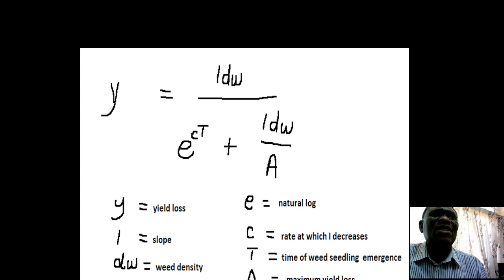So it's the same equation. What he simply altered was the 1 in that equation.